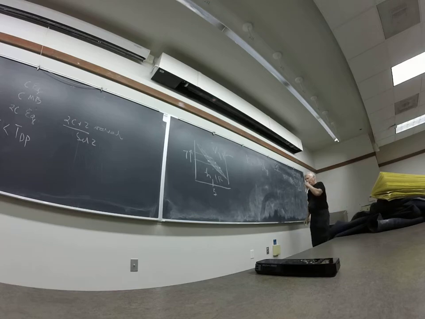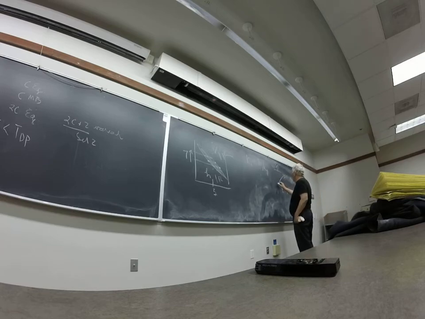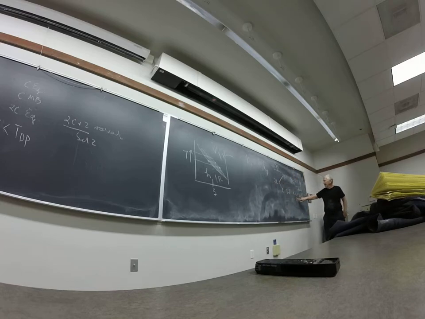Now I got material balance equations that go something like this. How shall I do this? Z_i F equals X_i L plus Y_i V. I got C of these. So as long as I'm not interested in heat, I've got C linear equations here, and they would be beautiful because this is almost linear.